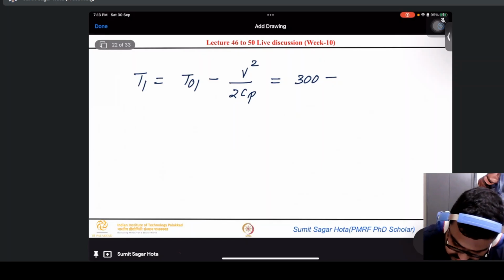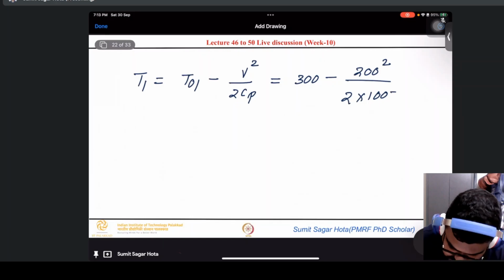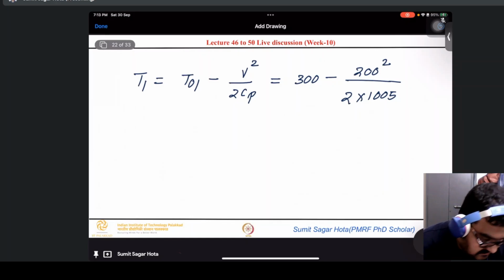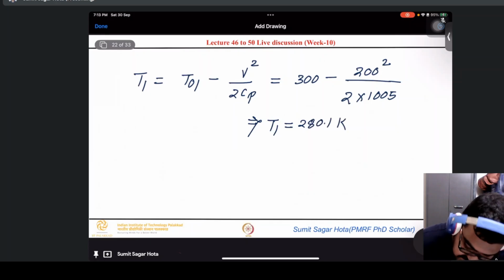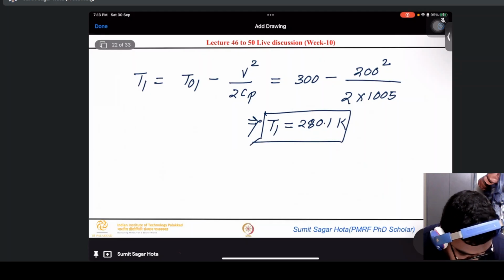B square is 200 square, divided by 2 into 1005, because Cp is in joule per kg Kelvin. If you do it, you get T1 as 280.1 Kelvin.